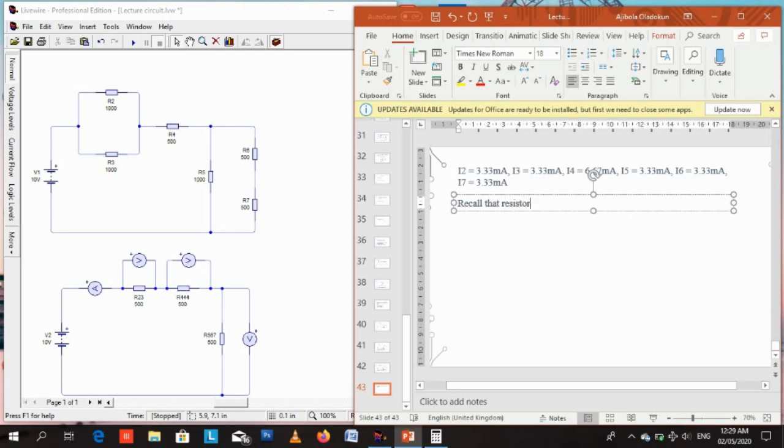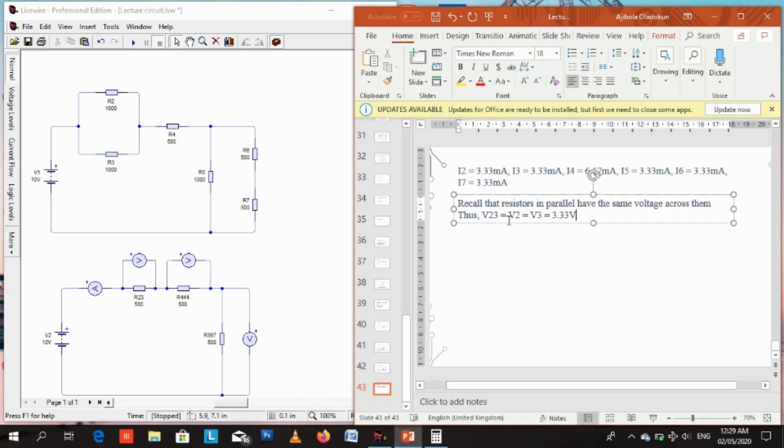Recall that resistors connected in parallel have exactly the same voltage, and V23 is the voltage across R2 and R3. So V23 will be equal to V2 and V23 will be equal to V3, which is 3.33 volts.